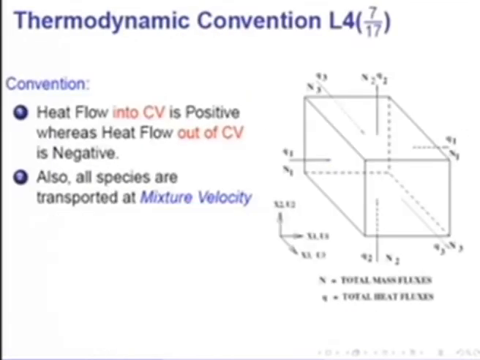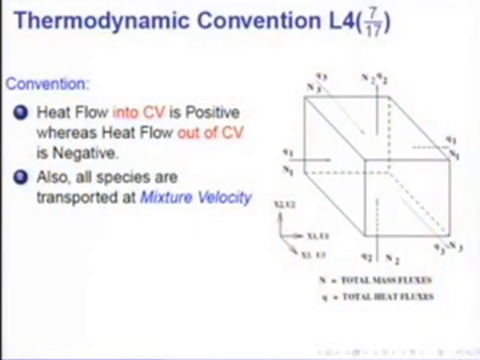Now, in order to represent the heat transfer and the work transfer across a control volume, we shall follow the thermodynamic convention. We will say that heat flow into the control volume is positive, whereas the heat flow out of the control volume is negative.